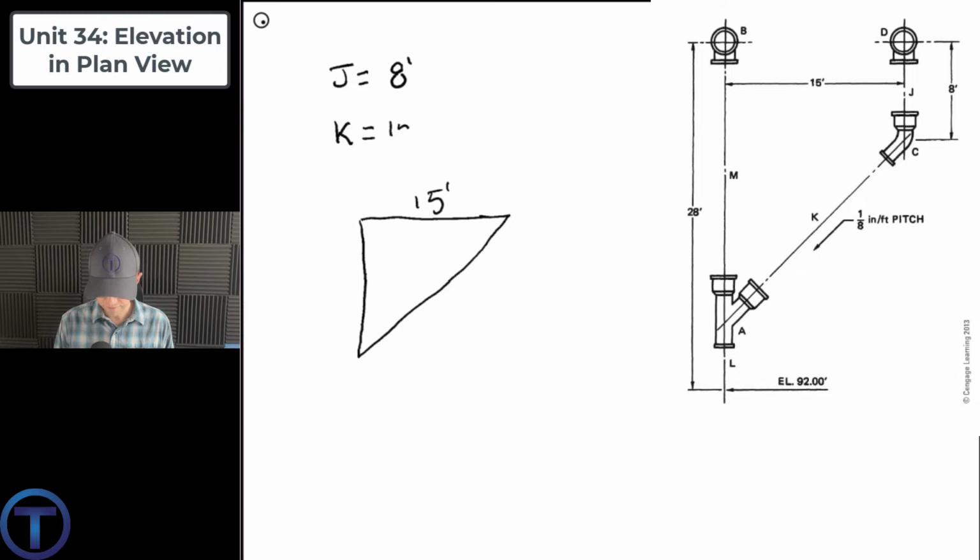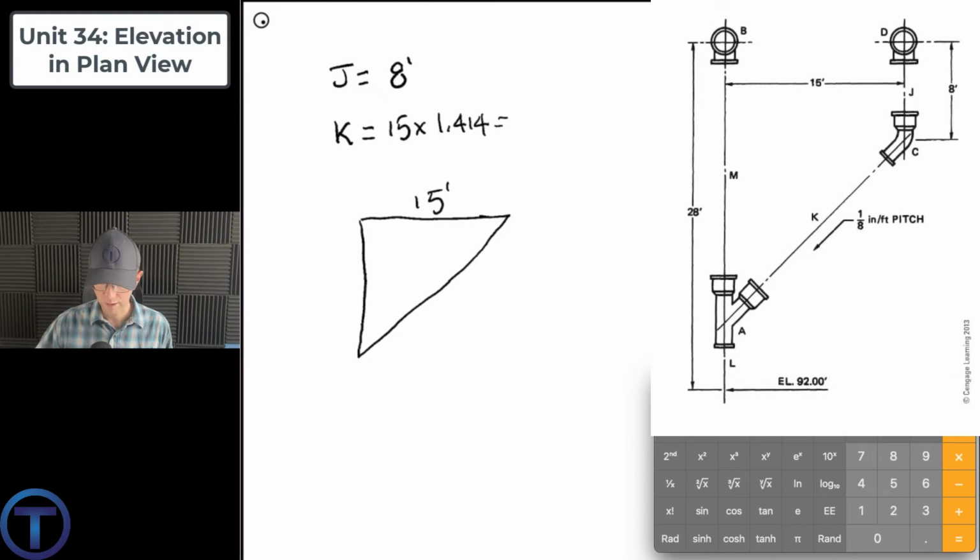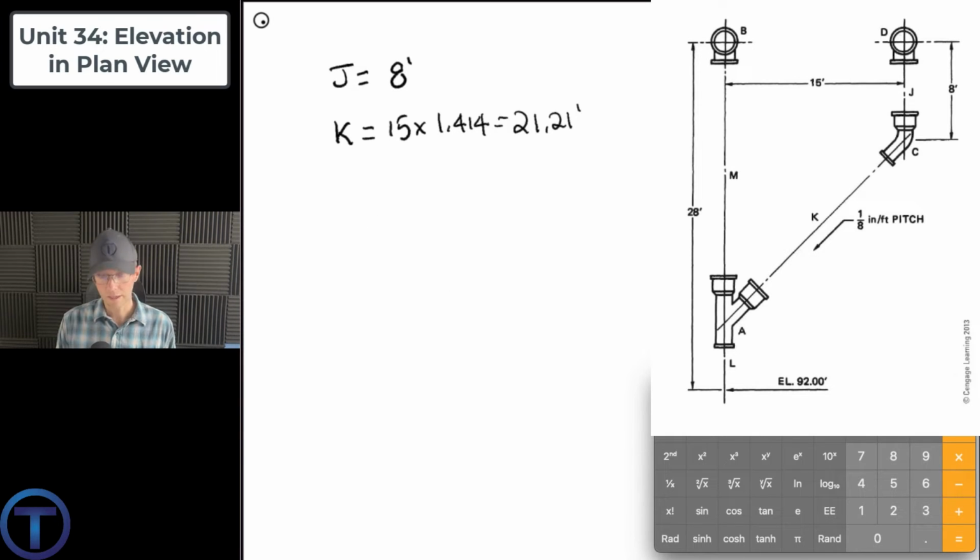With 15 feet here. We know exactly what to do with that when we're dealing with 45s. We're going to take 15 multiplied by 1.414, which will give us 21.21 feet. Now we can convert that to 21 feet and 0.21 feet. If we multiply those feet by 12, that's going to get us into decimal parts of an inch.